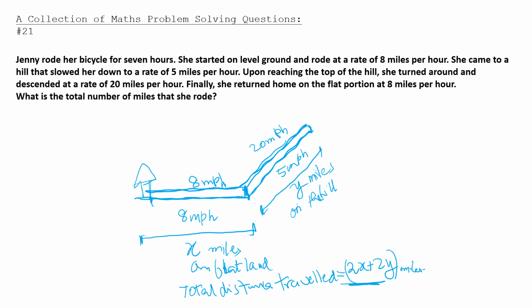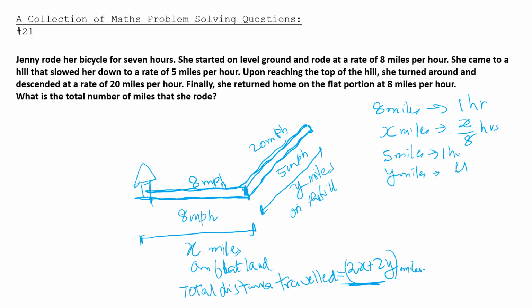Now how are we going to work out what x and y are? So we can work it out this way. We know that if we start from Jenny's starting point, on the flat land, 8 miles in 1 hour, so x miles will be in x out of 8 hours, and 5 miles in 1 hour, so y miles in y out of 5 hours.